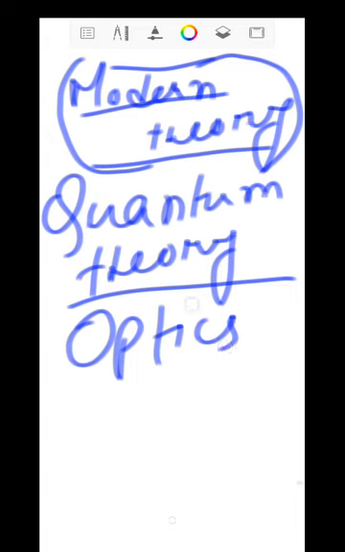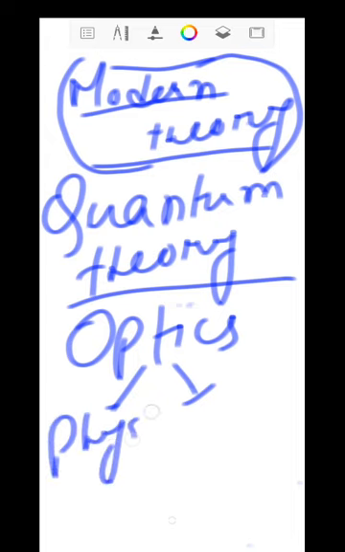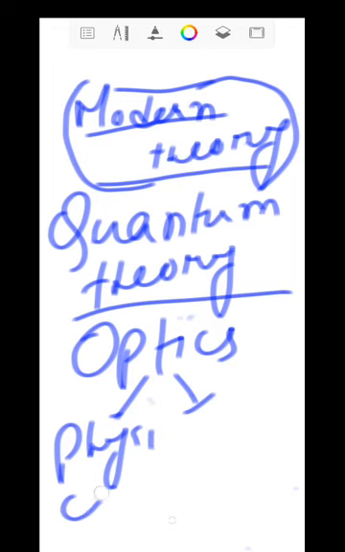If you go for further studies in science, then you will learn about optics. Astrophysics and nanophysics are also there, but optics deals with the study of light. There are two categories in optics: one is physical optics and the other is geometrical optics.